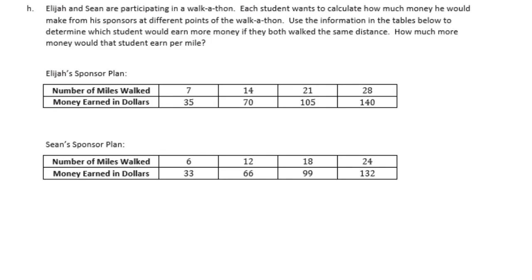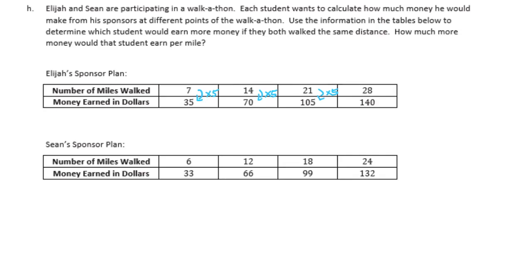So Elijah, for every 7 miles walked, he earns $35. 14 miles is $70. 21 miles, $105, and 28 miles, $140. So we can just multiply by 5, and that will get us the amount of money that he is going to earn.